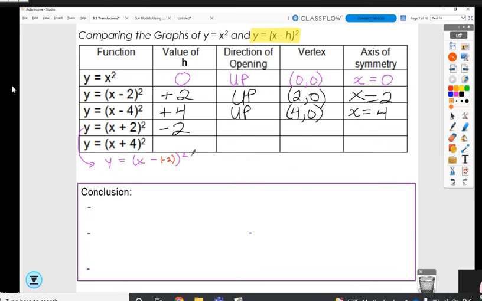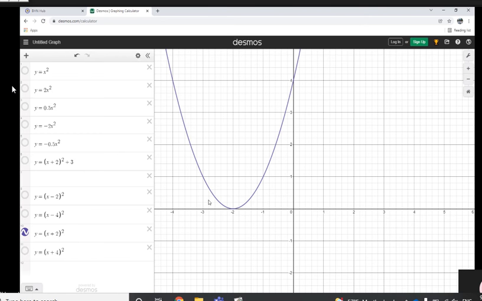It says here x minus negative 2. So what do these math people do? They say, well, this is really just x plus 2 squared. So I know it looks like it should be a positive 2 here, but really, because of that double negative occurring inside of the brackets, it's really a negative 2. And that's why we open up for sure, and that's why we move to the left 2. We go towards the negative ones.